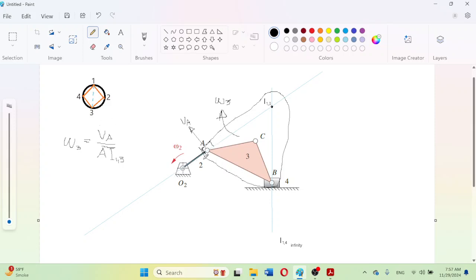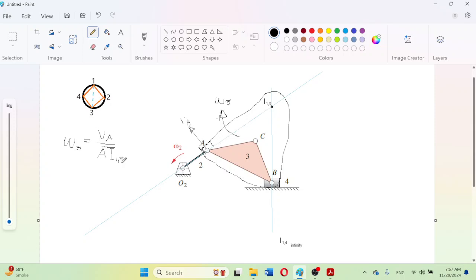When we are given data of crank angular velocity, we will be multiplying it with the length O2A, determining the velocity VA magnitude. Once omega 2 is multiplied, VA will be determined, and then velocity VA will be rotating about this instant center I1,3, and this will become the radius for this velocity VA.